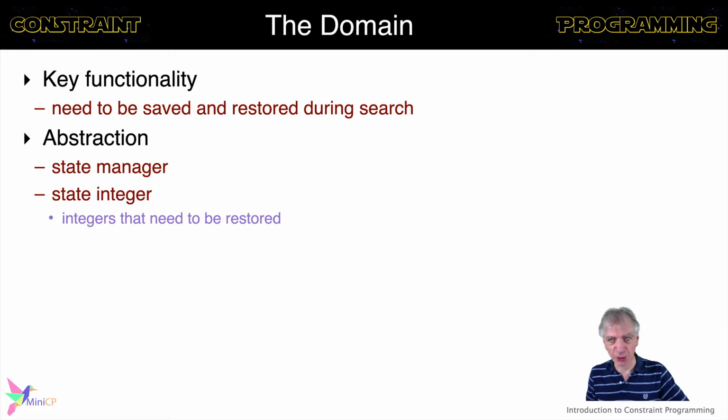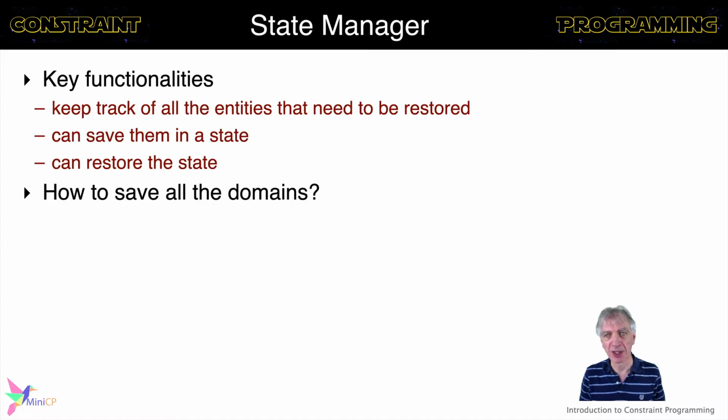The size integer that we were using in the previous slide is like that. We want to restore its value if we go back to a previous state. The key functionality of the state manager is that it keeps track of all these entities that need to be restored, and it can save them in a state, and later on restore that state.